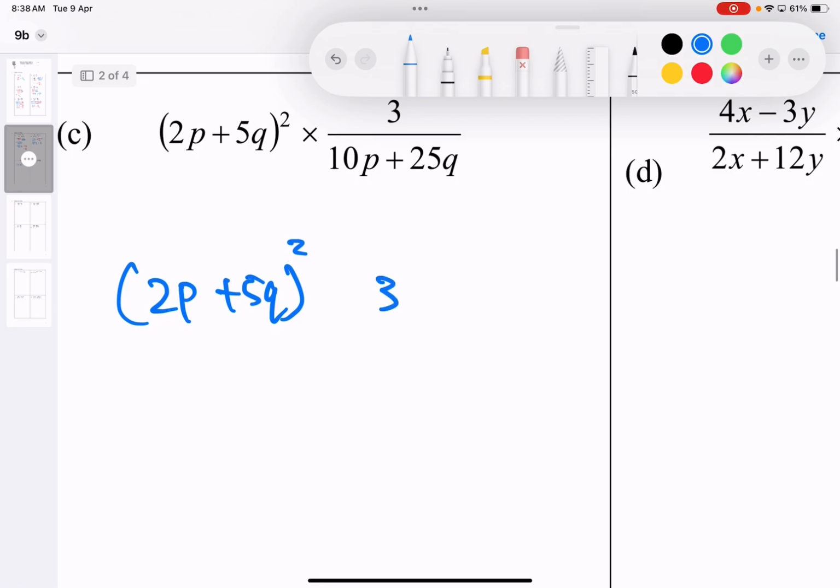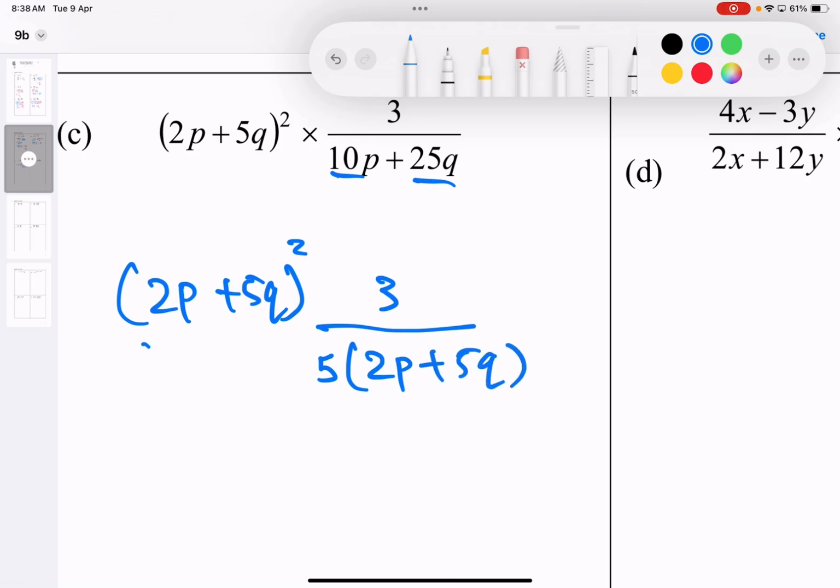So I'm going to get 3. This 10 and 25, I know that common thing is 5. If I pull out a 5, that is the same as dividing by 5. If I divide 10 by 5, what do I get? 2. So I'm going to get 2p. If I divide 25 by 5, what do I get? 5q.